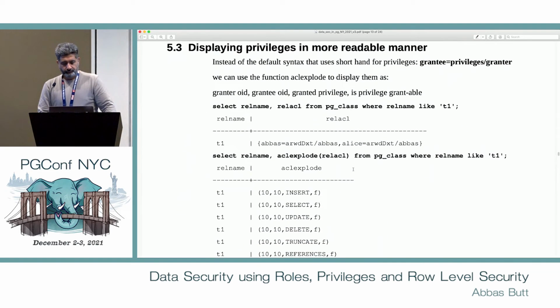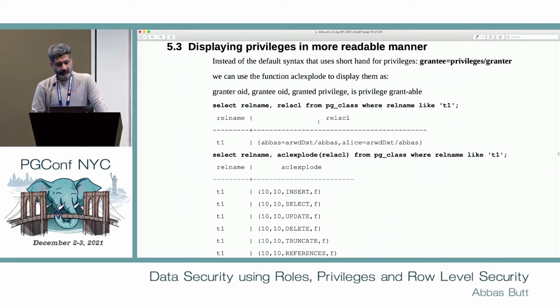So there is a better way of displaying privileges, and that is using the aclexplode function. You can query the relacl column of pg_class to see the same information in shorthand.